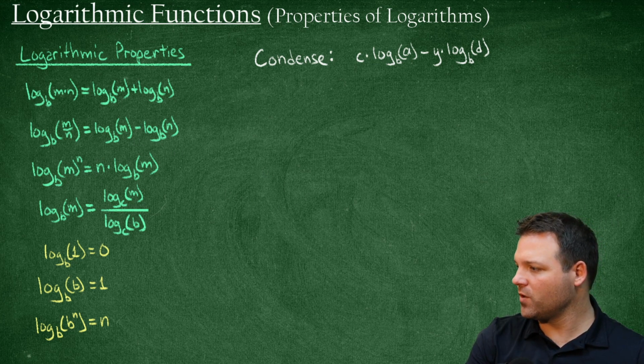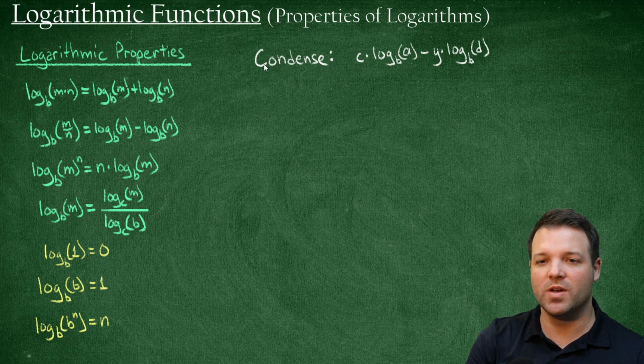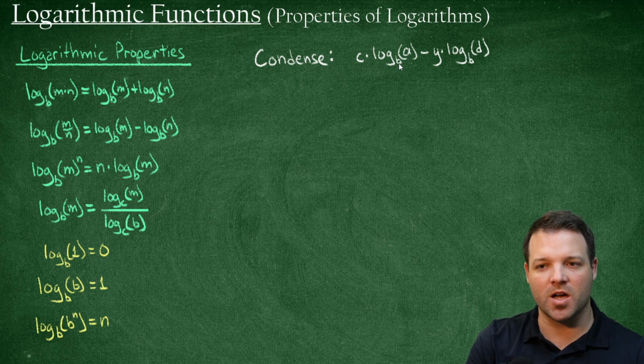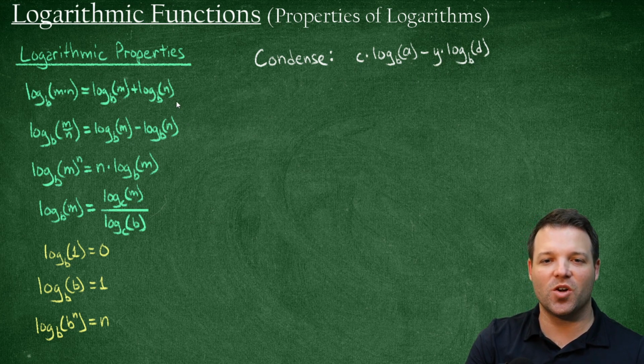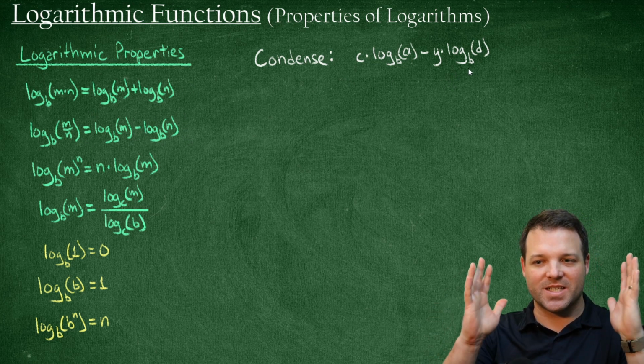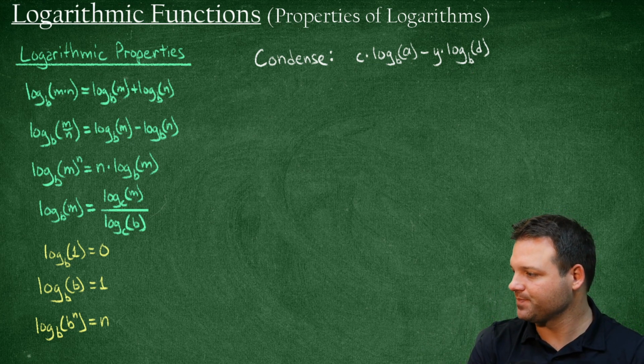So our first problem here is going to be to condense this logarithmic expression. So I have c times log base b of a minus y times log base b of d. We're going to look over our properties and see what we can do to condense it.